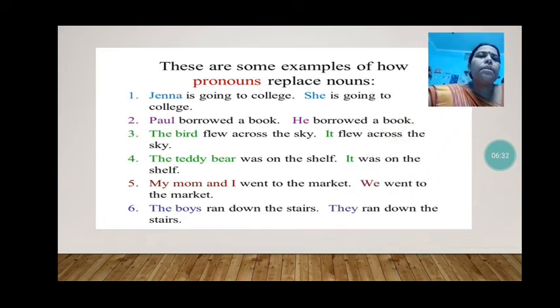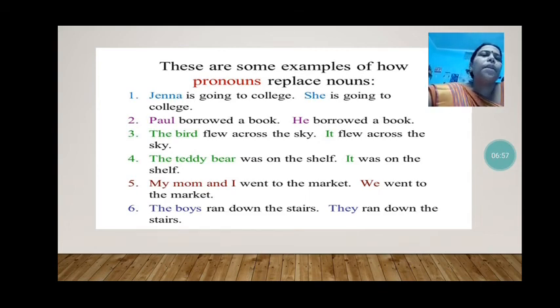So there are some examples of how pronouns replace nouns. See, Jenna is going to college. She is going to college. Instead of using Jenna, we have used she. Paul borrowed a book. Paul is a boy, so we have used he borrowed a book. The bird flew across the sky.